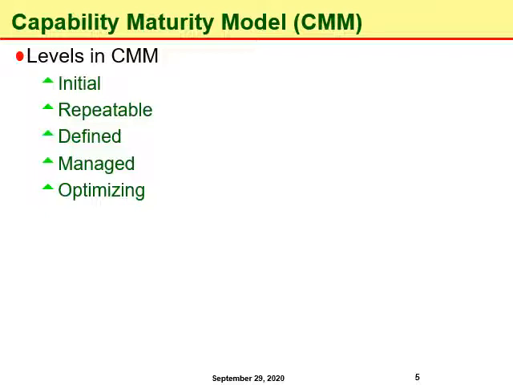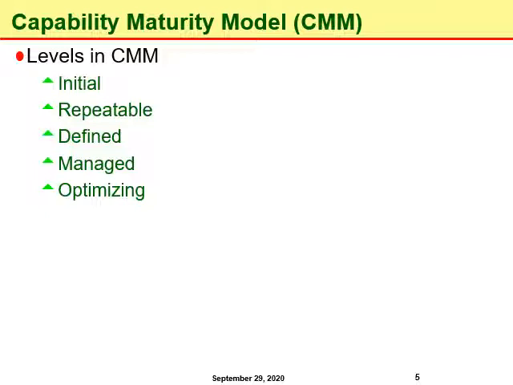Then the third level, defined. At this level, an organization has developed its own standard software processes through greater attention to documentation, standardization, and integration. Then the fourth level is the managed level.